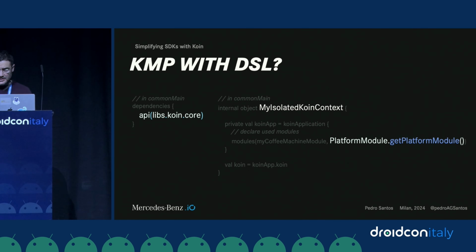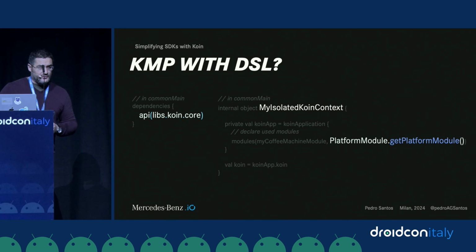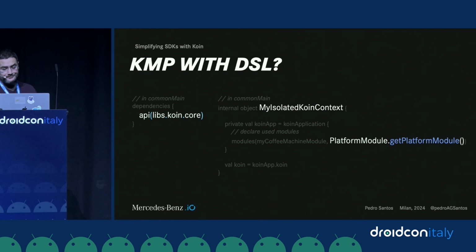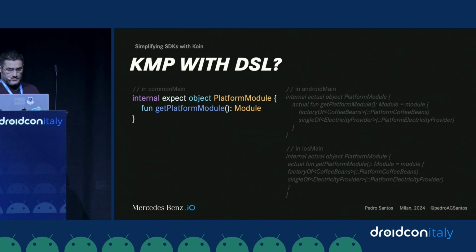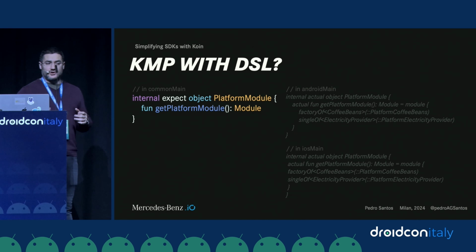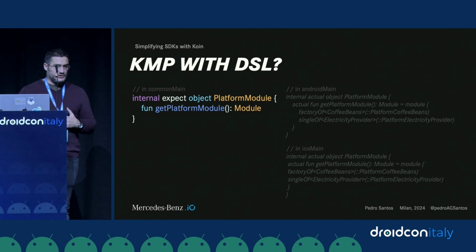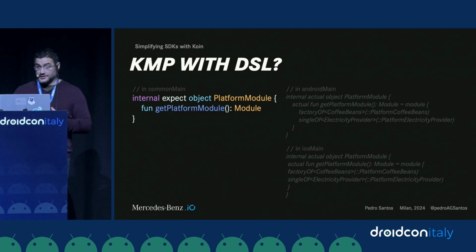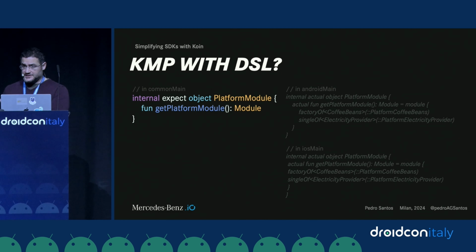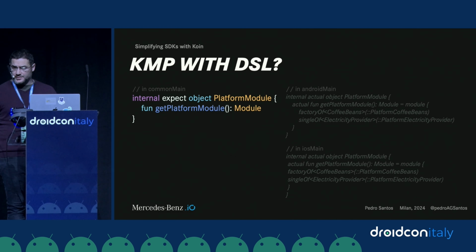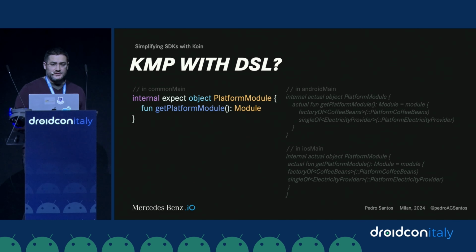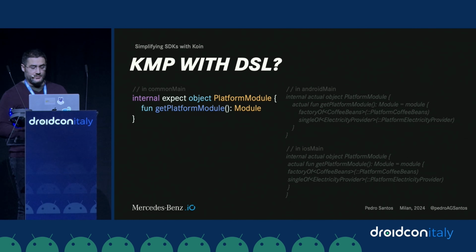Basically, it's just a class module that will get platform modules from each platform. So it's just an expect, right? And it will load a module or a list of modules. This is just for representing, of course, but usually you actually load a list of modules, because you can declare different types of modules inside each platform and then load them in KMP.